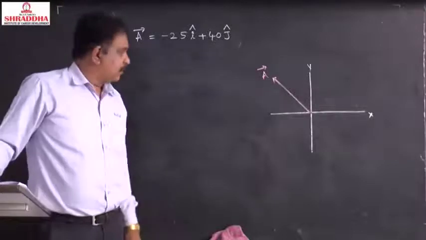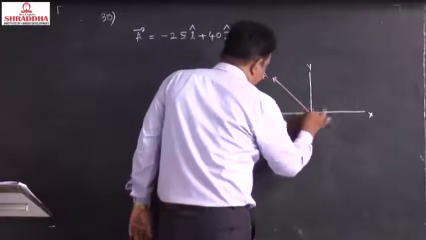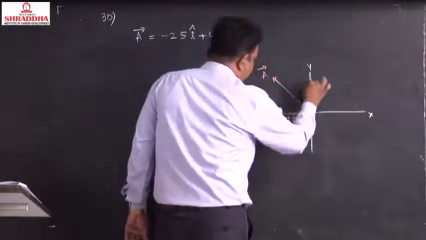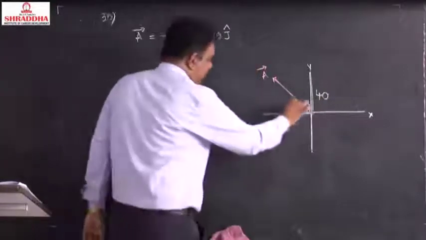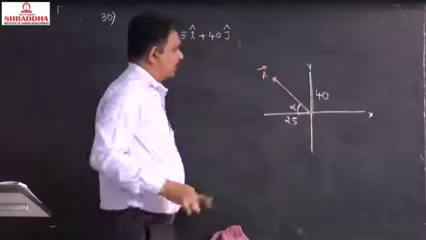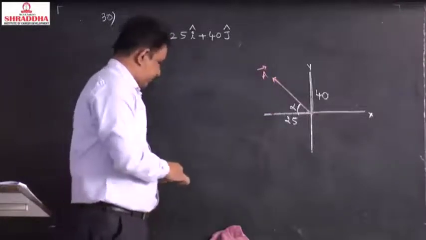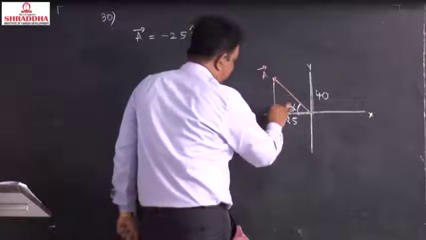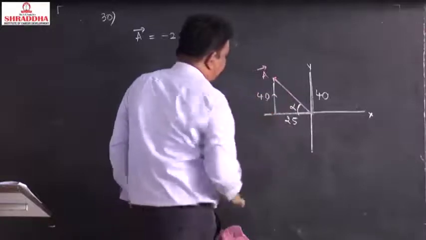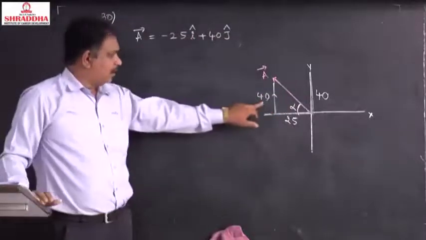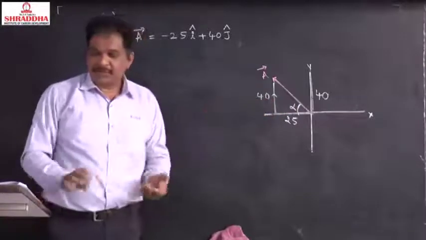What is the direction of this vector? So this component is how much then? 25. This component is how much? 40. This angle we have to find. Move this vector parallel to here. Then it will also have magnitude of 40. This line will also have the same magnitude.